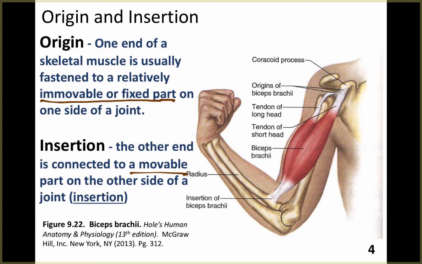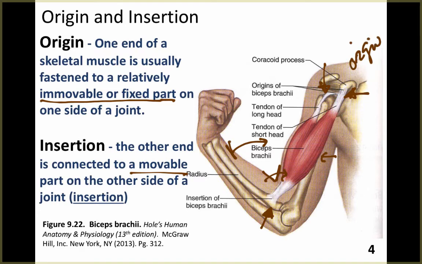If we look at this biceps brachii, everybody knows how to do a bicep curl. You're going to take this arm here and move it in this way. Essentially this angle right here will shorten. It's pulling this part of the muscle connected to the bone. The parts up here are essentially the origins.